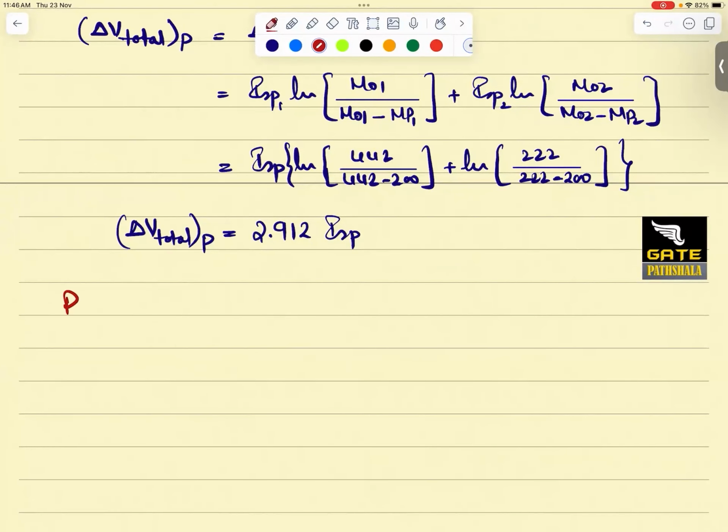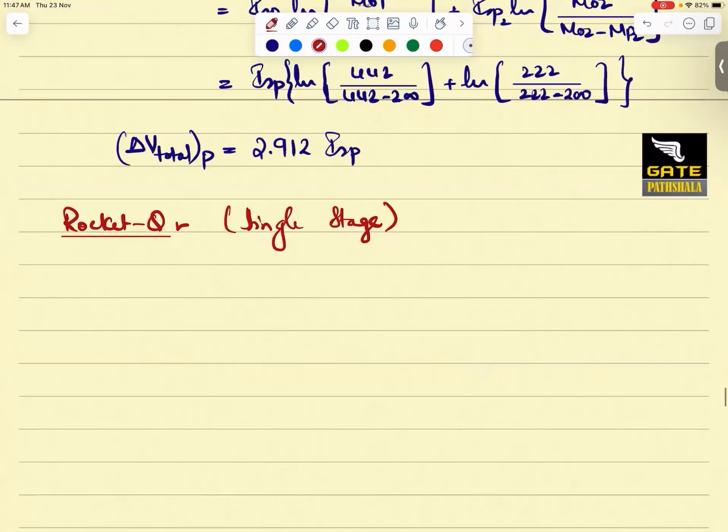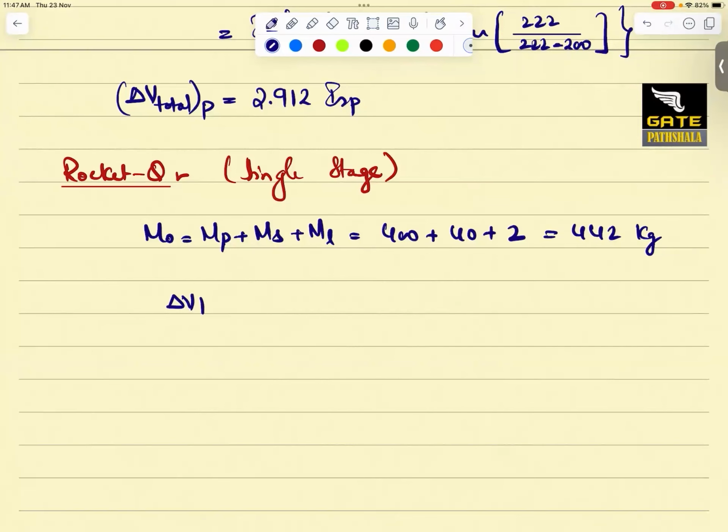Rocket Q. It's a single stage rocket, having the initial mass MP plus MS plus ML, that is 400 plus 40 plus 2, which is 442 kg again. So what is delta V total for Q?